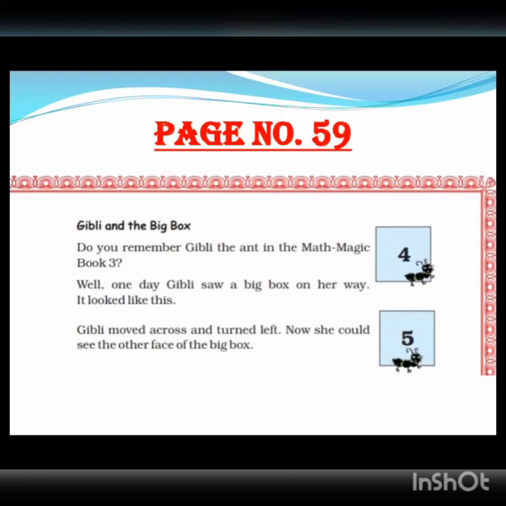Well, one day Ghibli saw a big box on her way. It looked like this. After that, Ghibli moved across and turned left. Now she could see the other face of the big box.